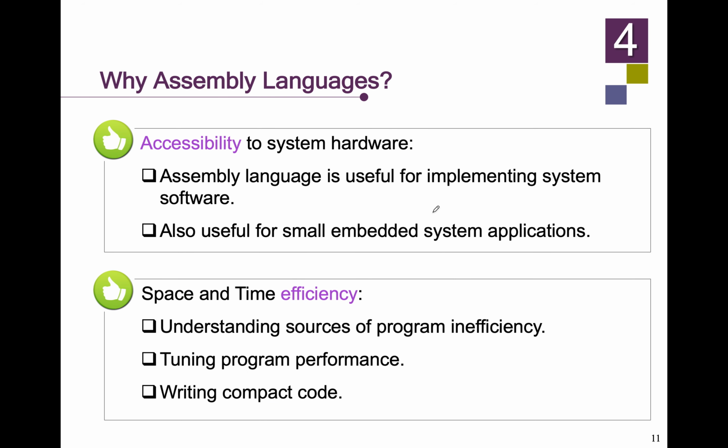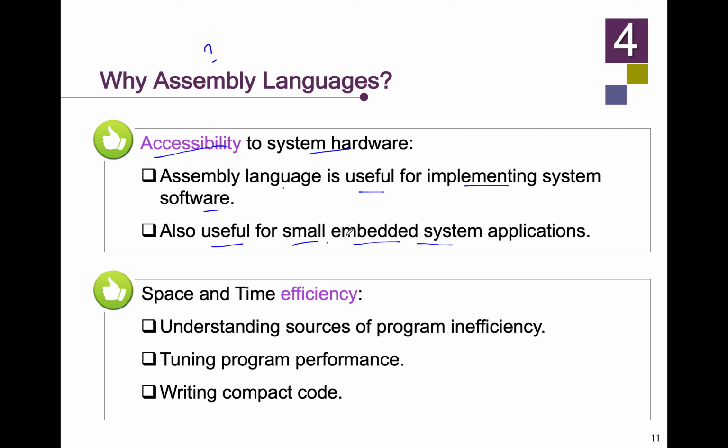Okay, now you can see you have the assembly language. So why assembly language? It gives accessibility to system hardware, which is useful to implement system software. It is also useful for small embedded systems.